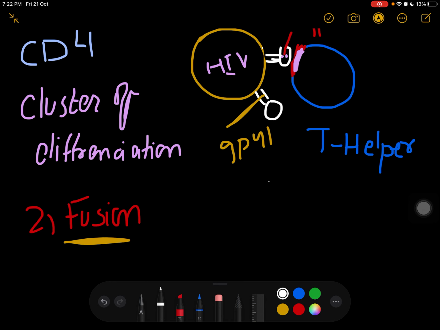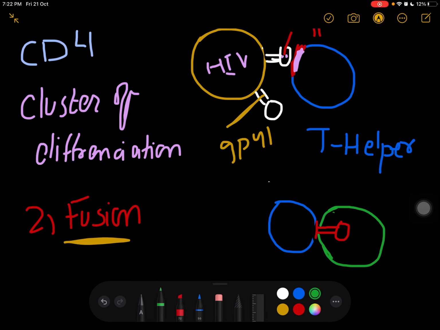It helps in the fusion of the viral envelope with the host cell membrane.